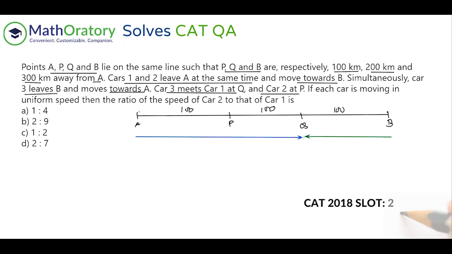So this happened in the same time because simultaneously car 3 started from B. So car 3 also started from B at the time when car 1 and car 2 started from A. On the other hand, we have another scenario where car 3 traveled till P, and by this much time car 2 has covered till P, right? So this thing has happened. Car 3 has traveled from B to P, and by that much time, car 2 has traveled from A to P. So it's all about ratio here.